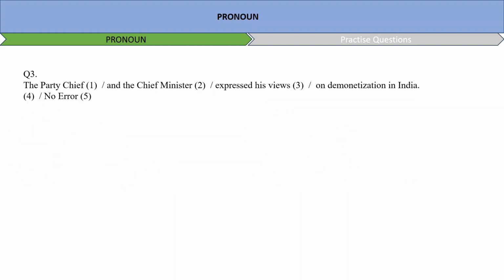The party chief and the chief minister expressed his views on demonetization in India. Next question.